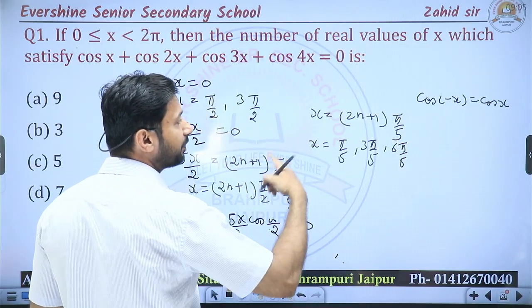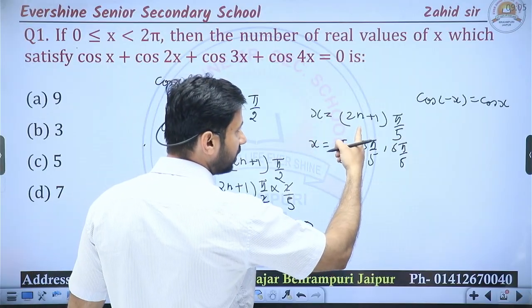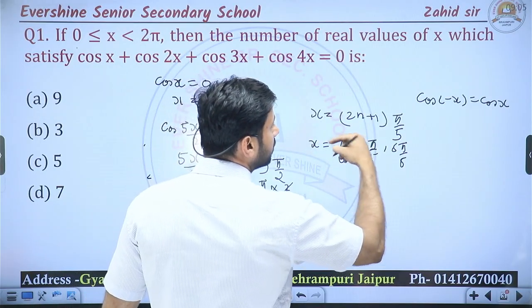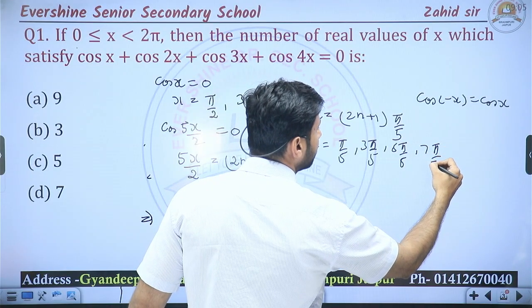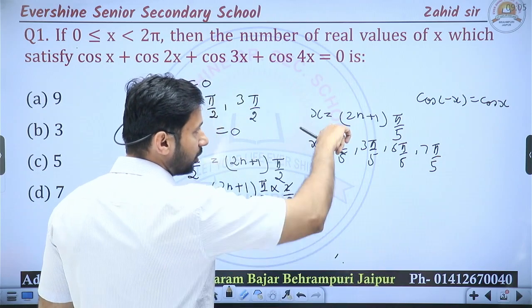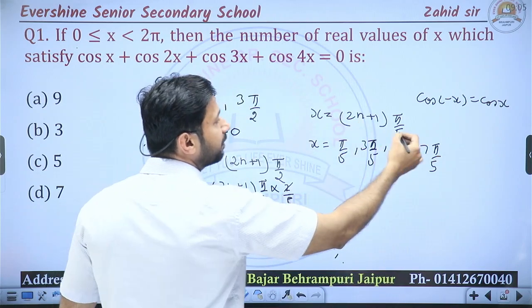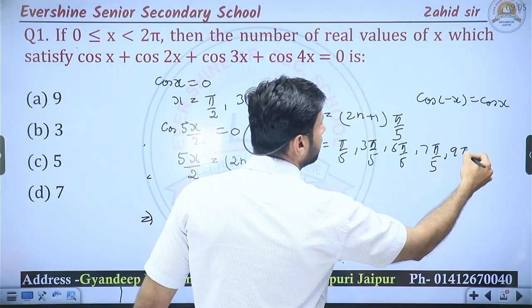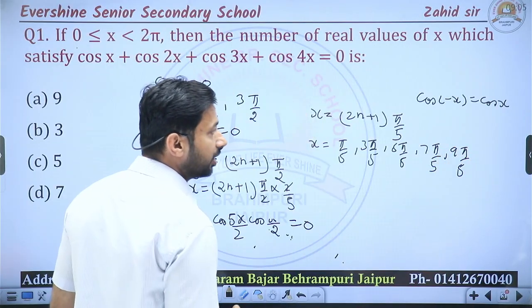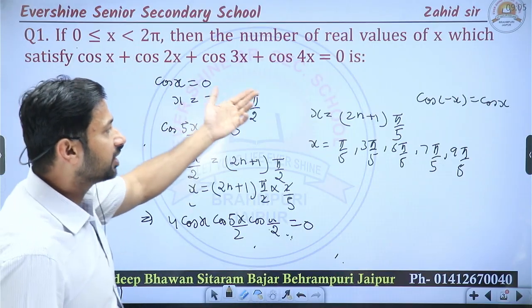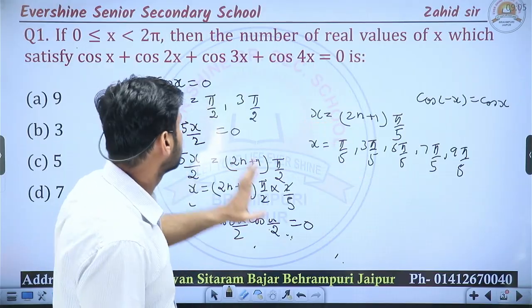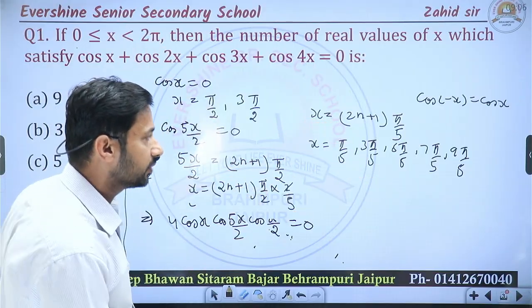Now I can put 3: 3 2s are 6 plus 1, 7 pi by 5. Next I can put 4: 4 2s are 8 plus 1, 9 pi by 5. Okay, so these values will lie between this interval. If I put n equals to 5, it will be more than 2 pi. So I cannot take that value.